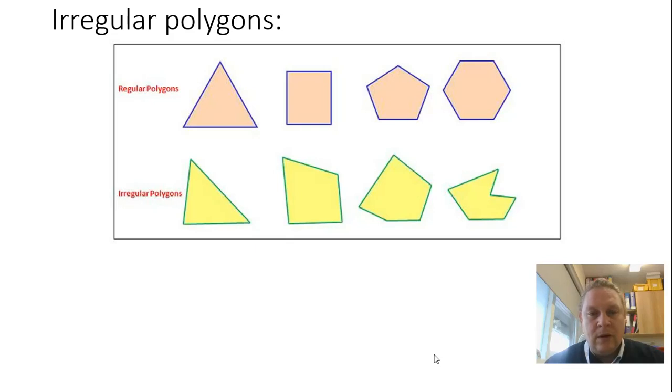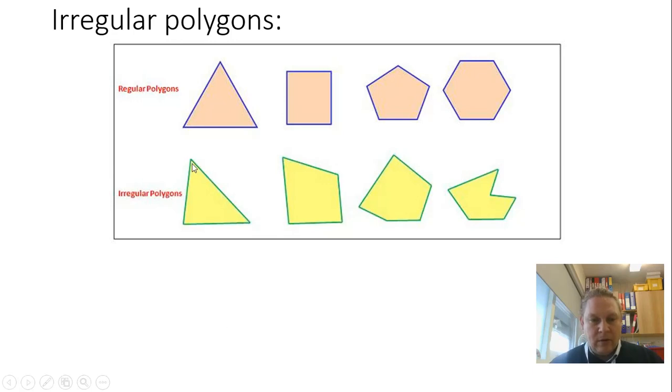They've got all nice uniform sides of the same length, and they've got the same angles, okay? So where those two sides meet, they're all the same. If we look at our triangle there on our regular polygons, you can see that all of its angles are the same, and all of its sides are the same length as well.